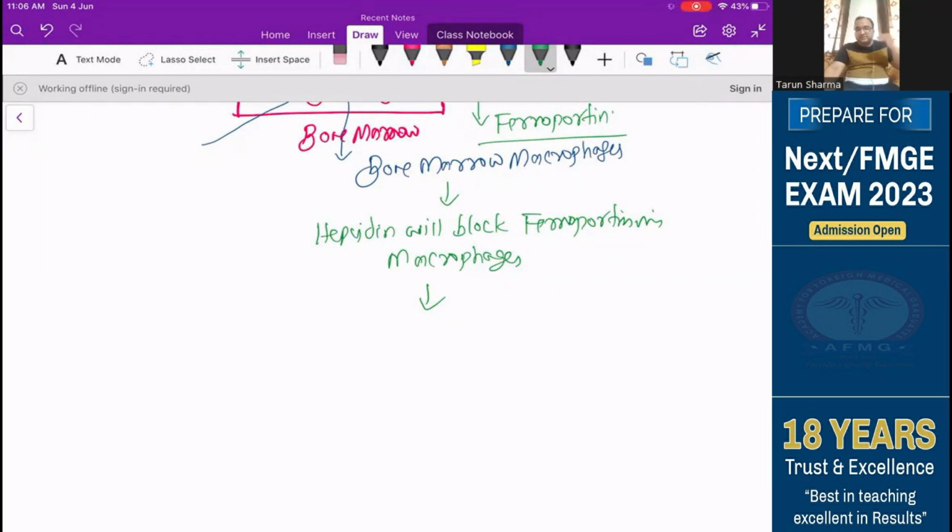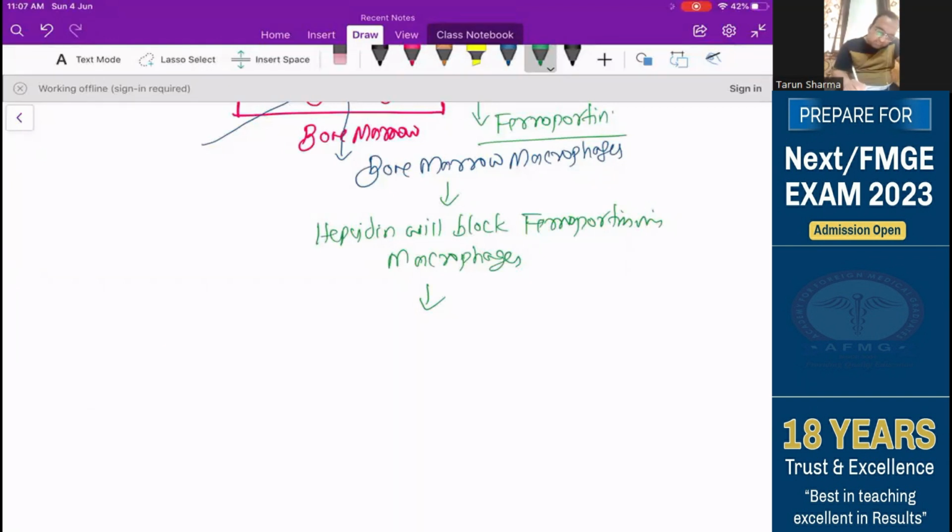So whenever hepcidin increases in these inflammatory conditions, hepcidin is going to block the ferroportin at the duodenal surface, so that there will be slowly low iron, and it will block the ferroportin at the surface of macrophages also. So the bone marrow will have the iron, but this iron remains entrapped within the macrophages of the bone marrow, and all the erythroid cells which are there will remain hungry for this iron, and that's why the patient will have the anemia.